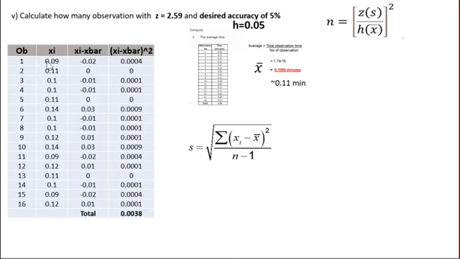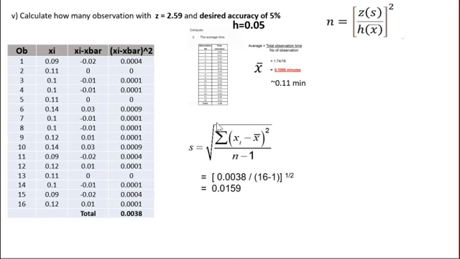We have to do this for all the other 15 observations. For example, this one is 0.11 minus the observed average 0.11, so it becomes 0. We have to do all 16, and then from these results you have to square, because they want the sum of the squares. So you square all the results here and sum, and you get 0.0038.